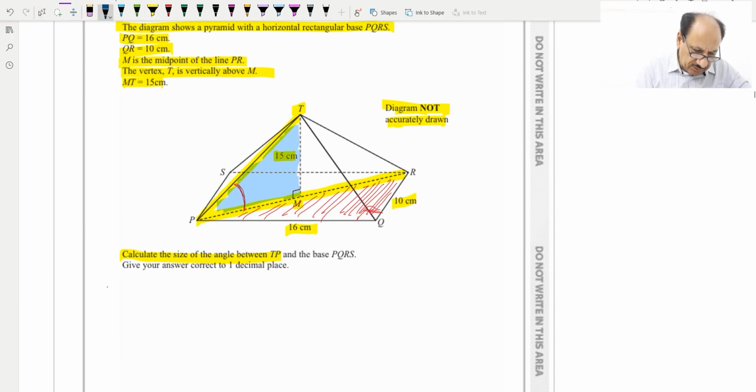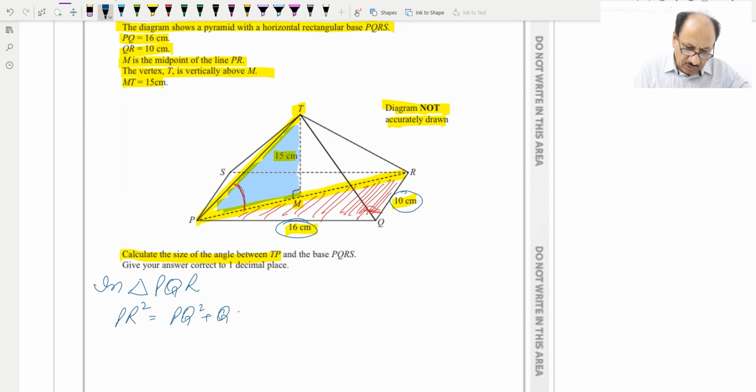So in triangle PQR, we need PR, which is by Pythagoras theorem. This side square plus this side square, so PR square is equal to PQ square plus QR square.